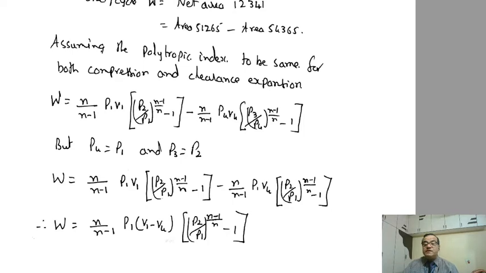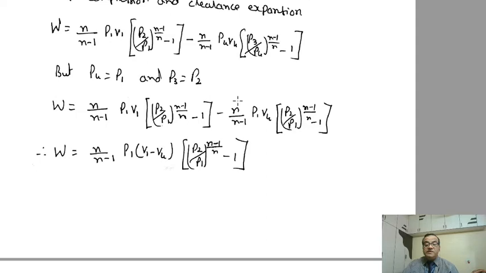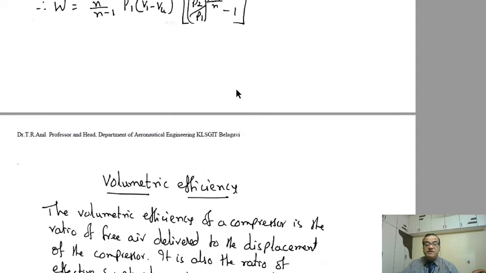So this in turn can be written as P1, V1 minus V4, and this is a common factor, (P2 by P1) to the power of (n minus 1) by n. So this is the derivation for a single stage air compressor with clearance.